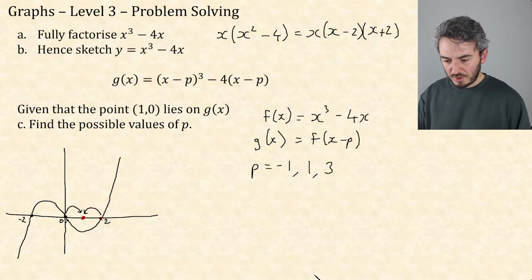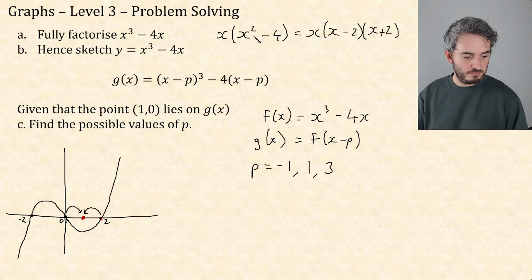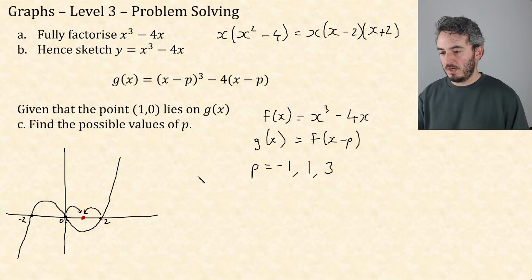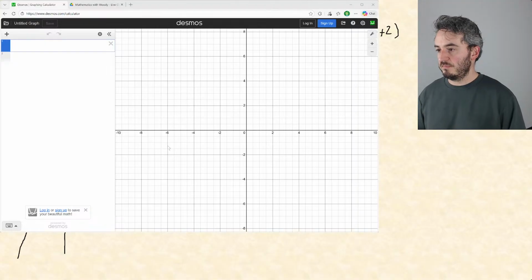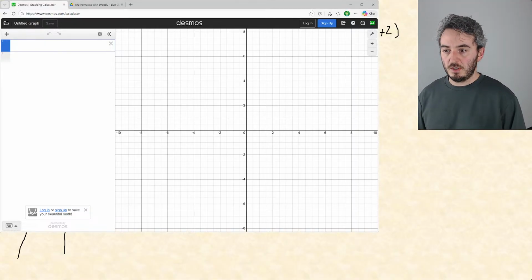Okay, let's see if I can show you this in Desmos. I would really strongly suggest you guys do play around with Desmos, because it's so good for building intuitions. I know you can't use it in the real thing, but it's just fun to use.